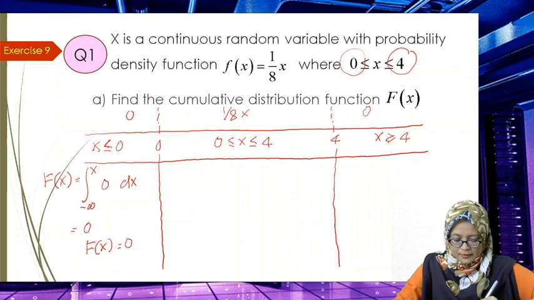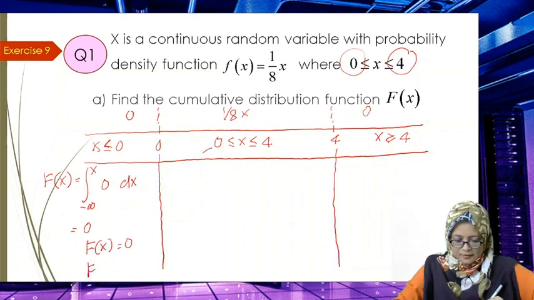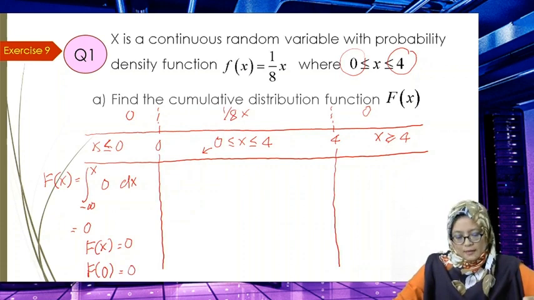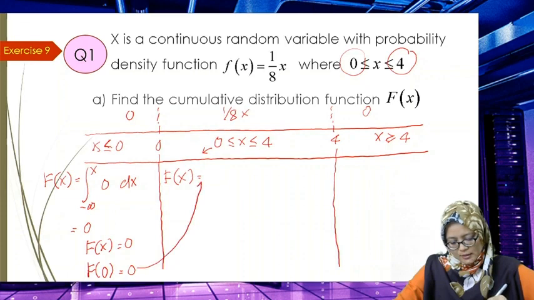So bila kita nak masuk untuk second interval, kita akan ambil nilai yang sini. Maksudnya kalau sini start dengan 0, so kita akan ganti nanti x tu dengan 0. Tapi sebab sini function dia tak ada lagi, so dia jadi 0 lah. Okay, so untuk second interval, kita punya cumulative, nilai yang kita cari ni, kita akan masuk dekat sini.